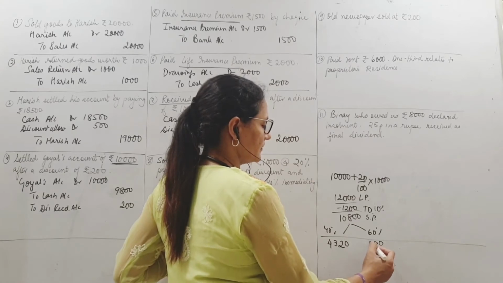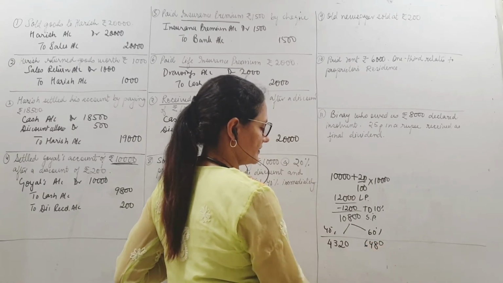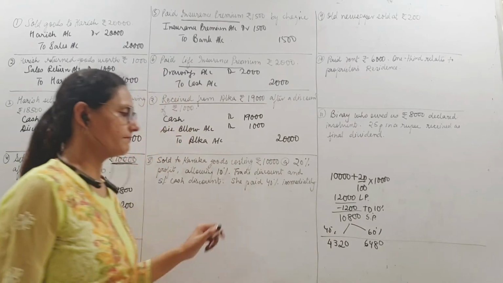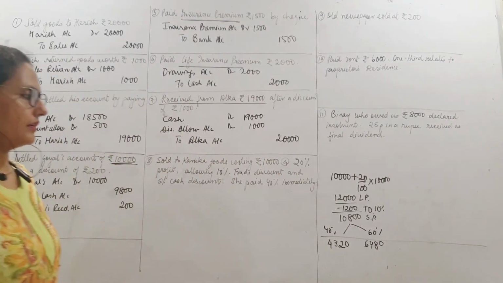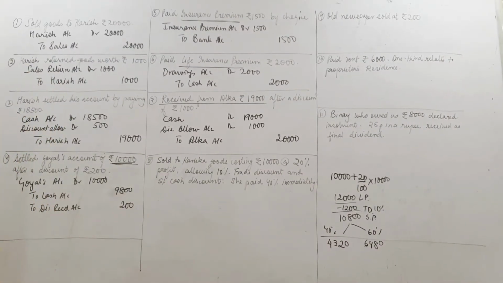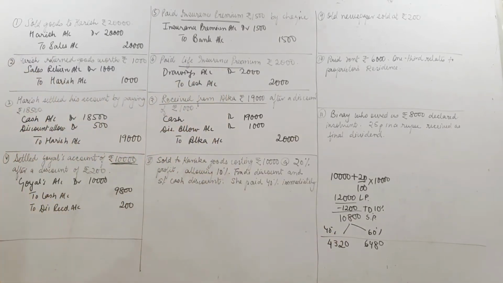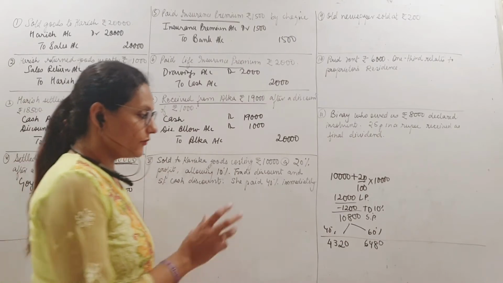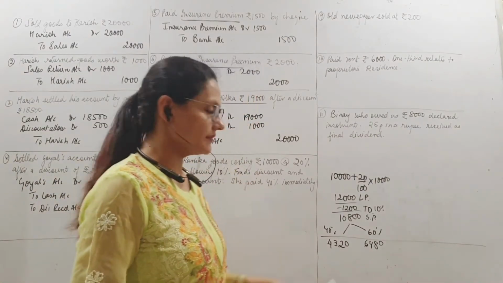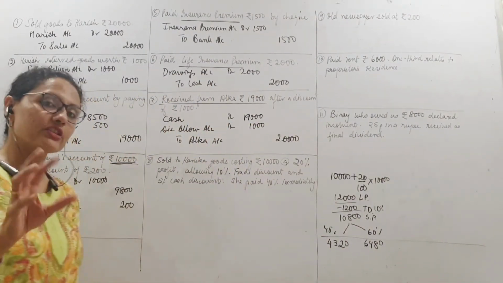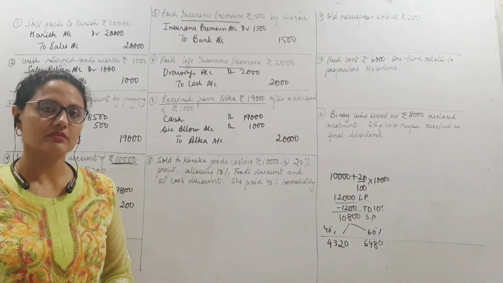6480. Okay. Now I hope I have got this right. Have I? Yes. 10,800. Yes. Okay. So 40% and 60% are these. Now you tell me, on which amount will she get a cash discount?